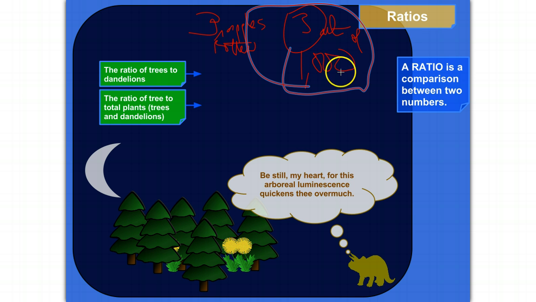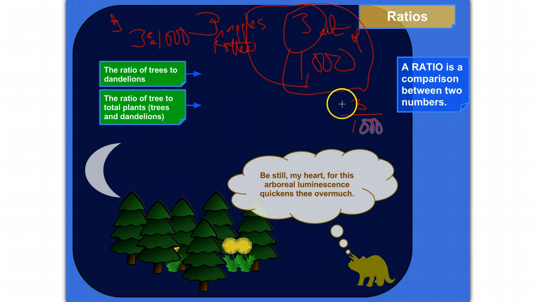So 3 out of 1,000 is what we call a ratio. We could write it like this: 3 to 1,000. That's a colon, not an equal sign. We could write it as 3 out of 1,000, like a fraction.